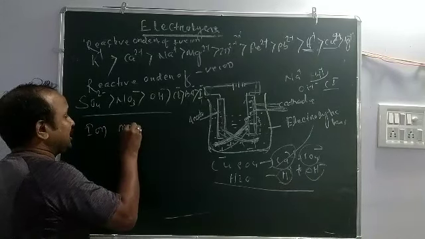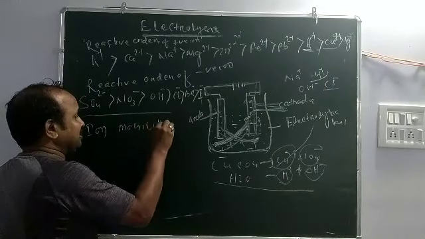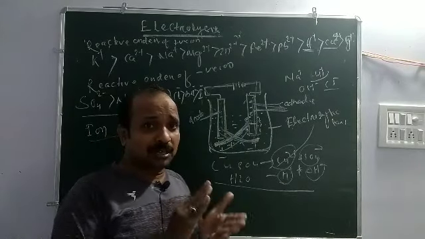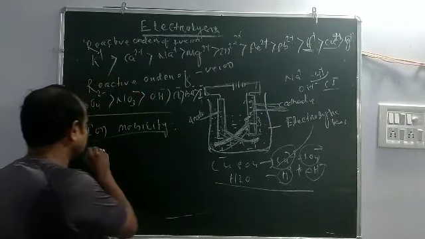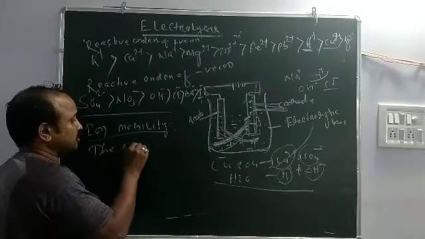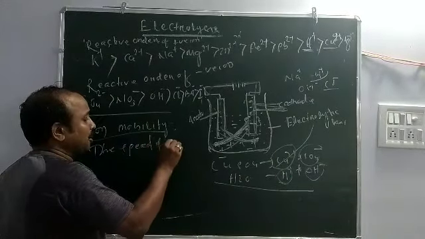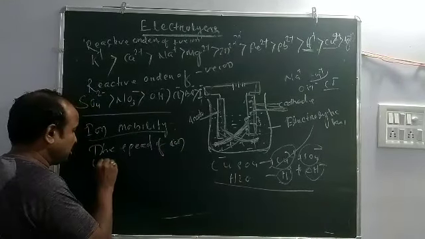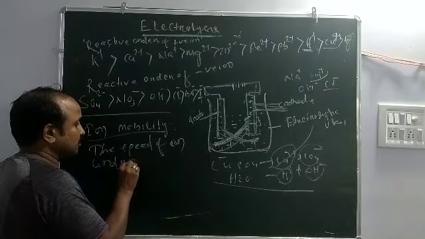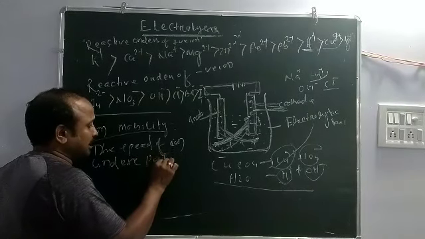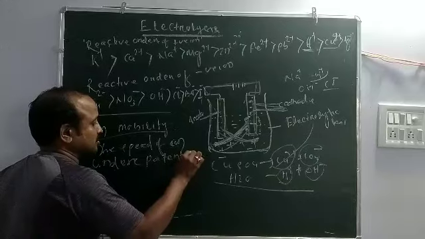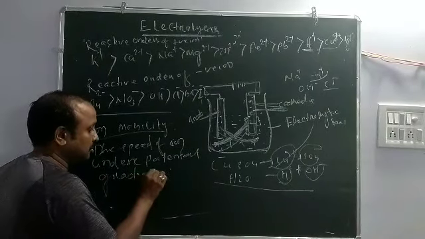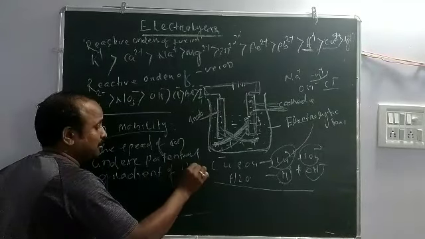Mobility means the movement and the speed of ions under a potential gradient of 1 volt.